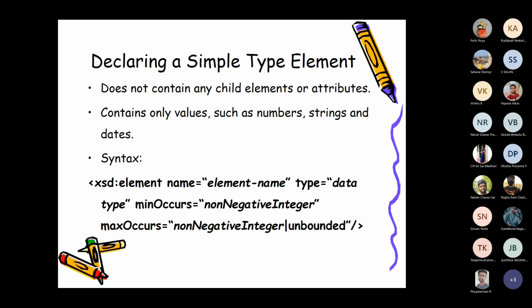Now, every XSD element declaration starts with the XSD keyword to indicate that it is part of the XML schema definition. It says xsd colon, and then you say what you are going to define, whether an element or an attribute.